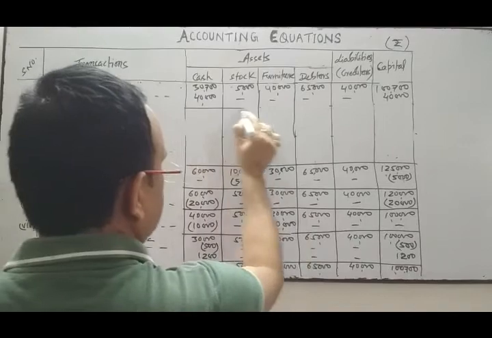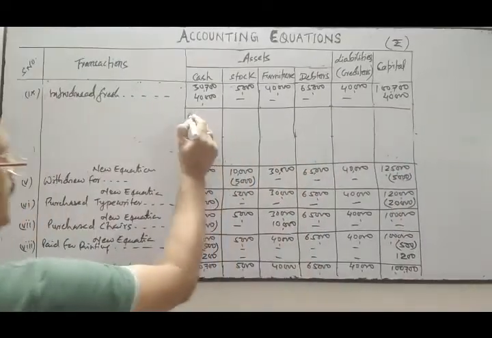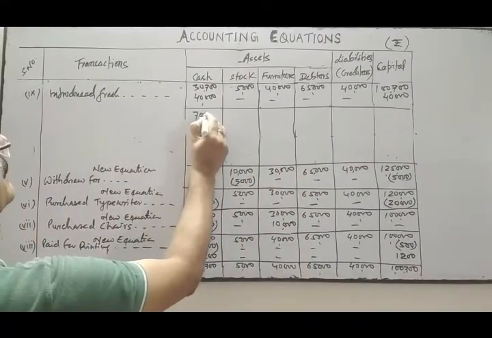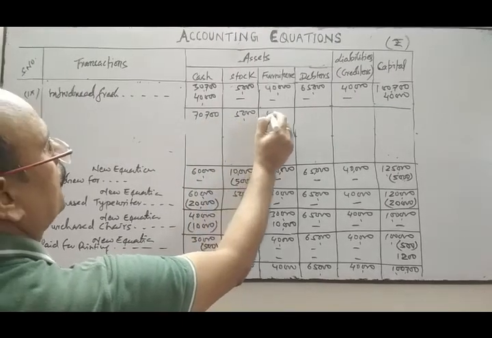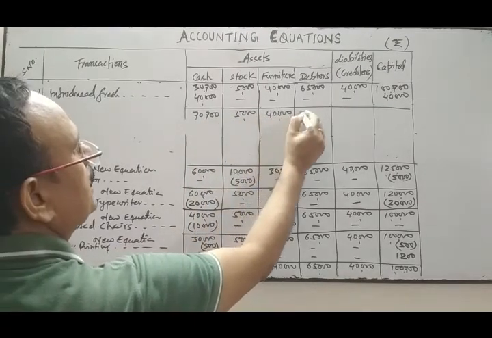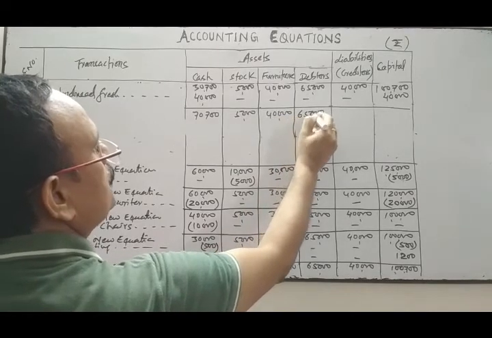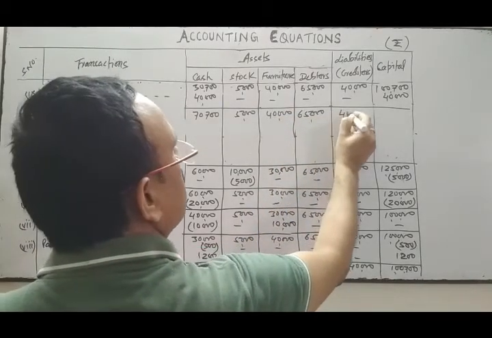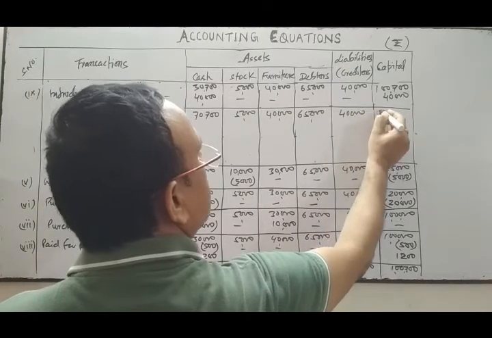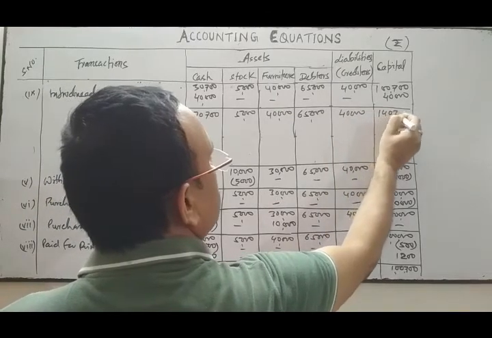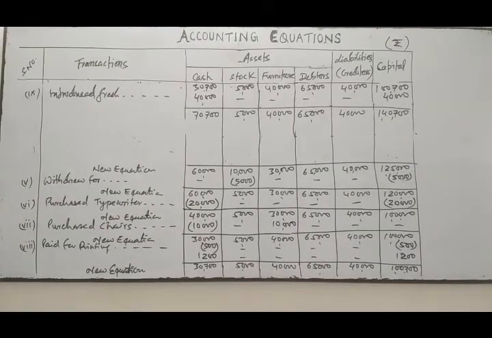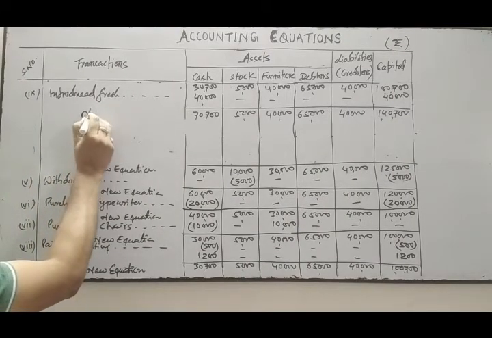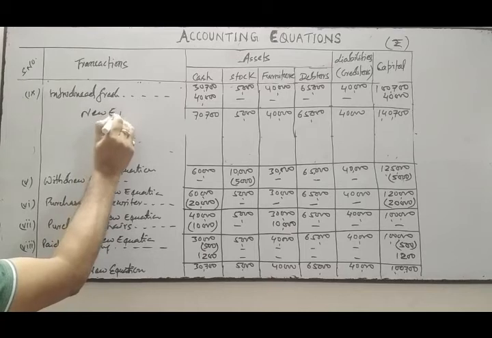So the new balance after this transaction is 70,700; 5,000 is your stock, 40,000 is your furniture, 65,000 is your debtors, 40,000 is your creditors as it is, and 1,40,700 is your capital after the 9th transaction. This is the new equation.